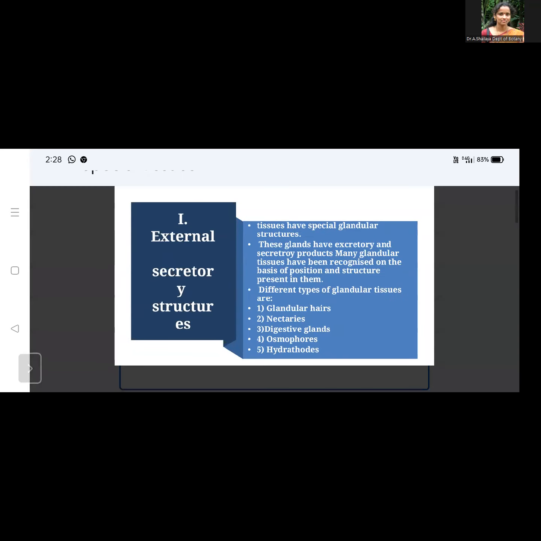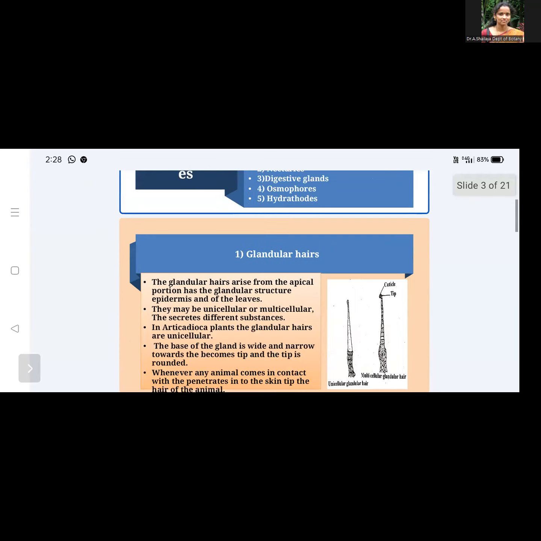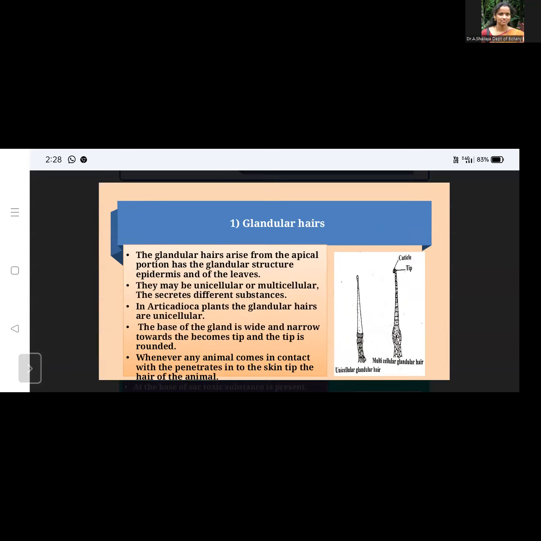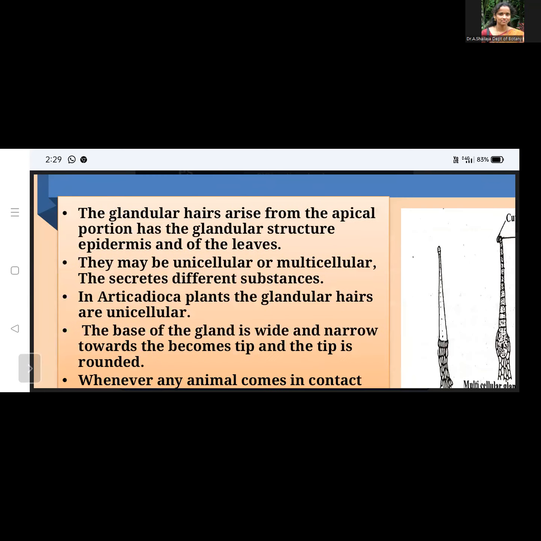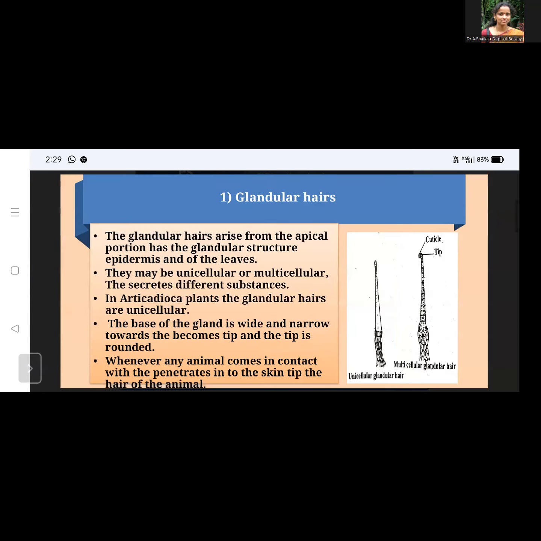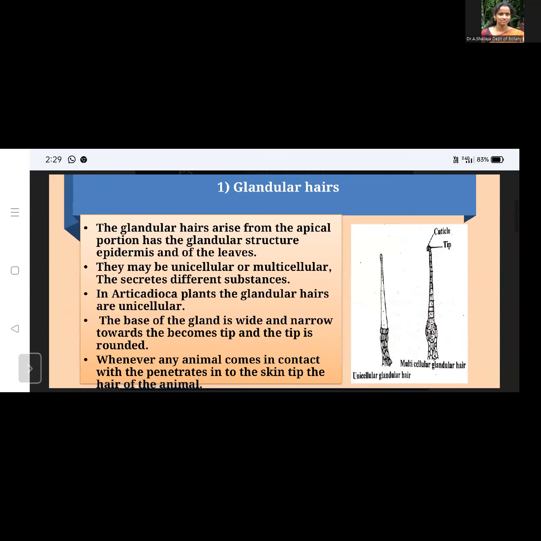See here, these are all external secretory structures. The first one is glandular hairs. In this picture, we can clearly observe the glandular hair, which may be unicellular or multicellular. The glandular hairs arise from the apical portion of the epidermis of the leaves.